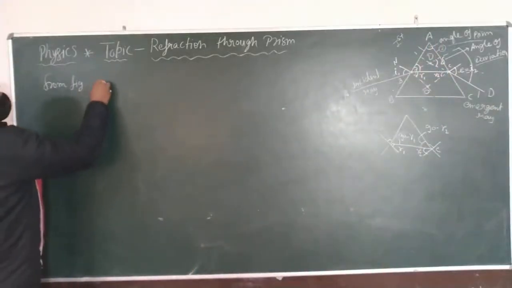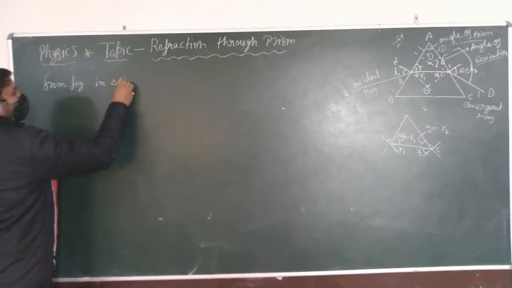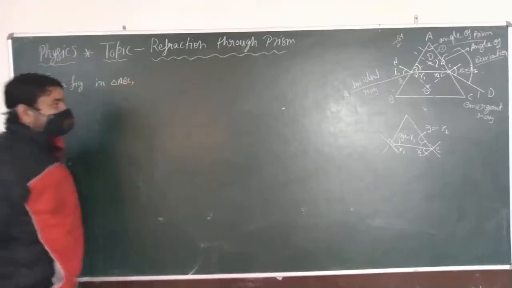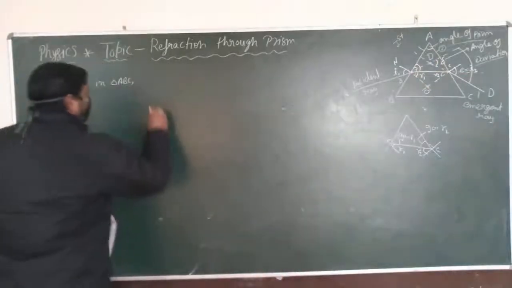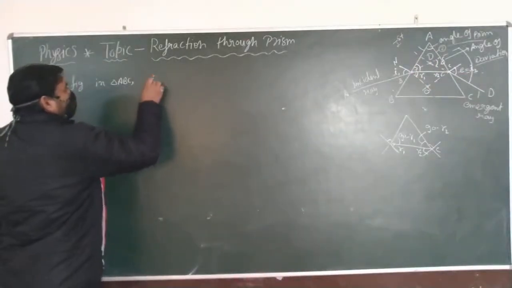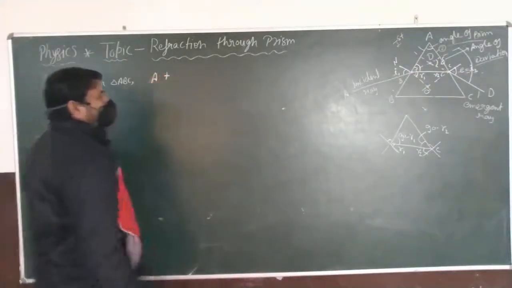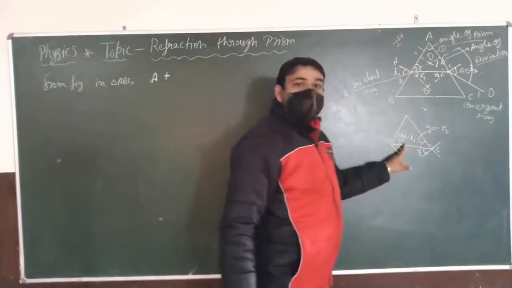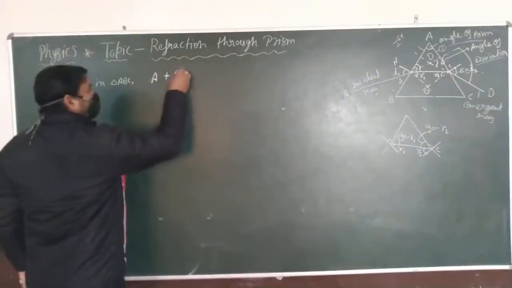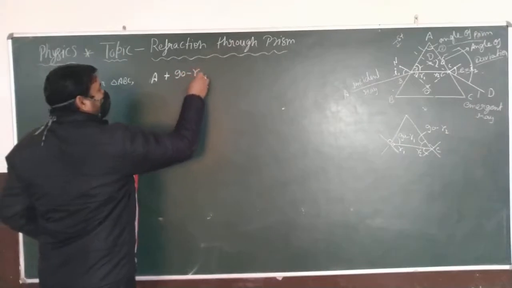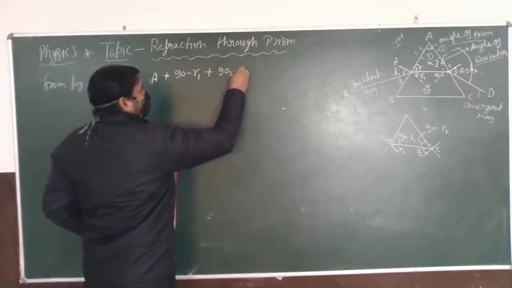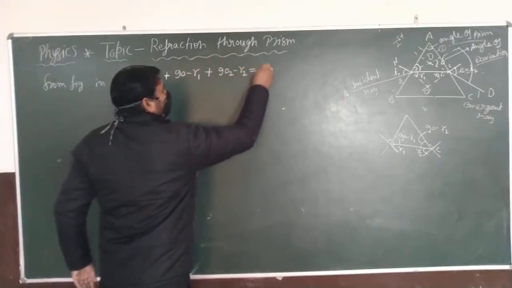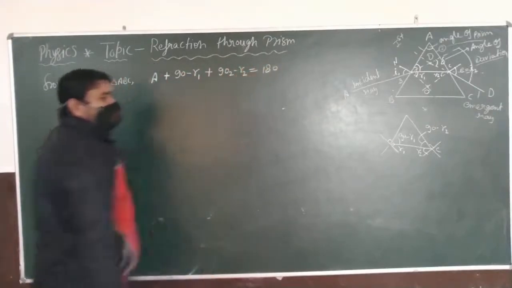Now by using the first triangle ABC, from the figure, in triangle ABC, by the angle sum property of a triangle, angle A plus 90 minus R1 plus 90 minus R2 is equal to 180. Is it clear or not?